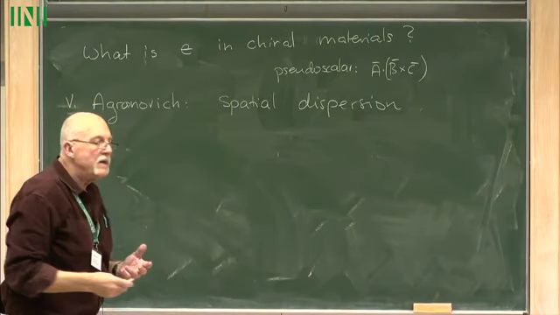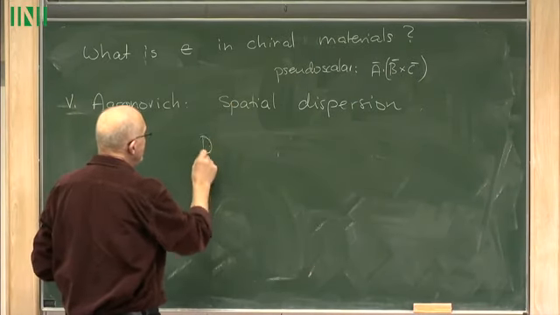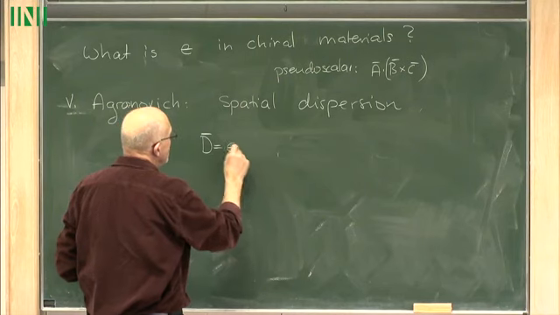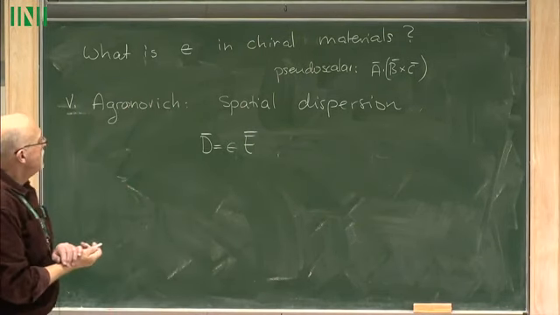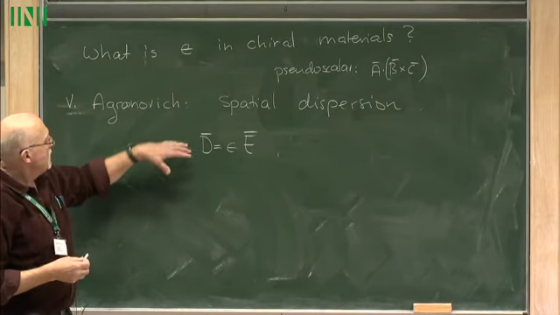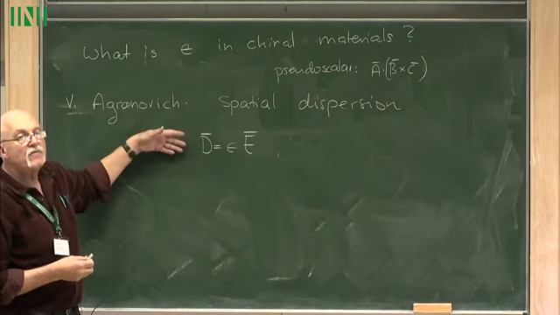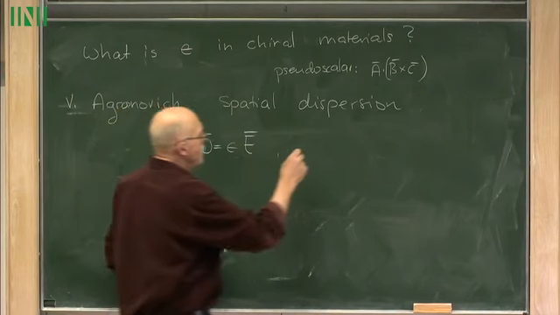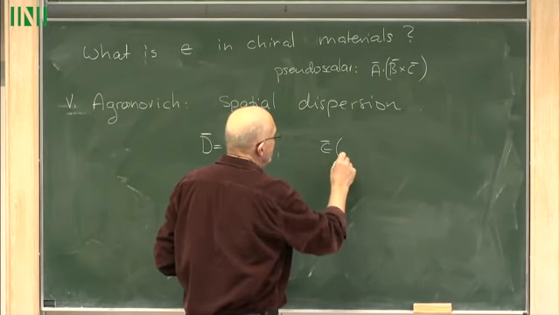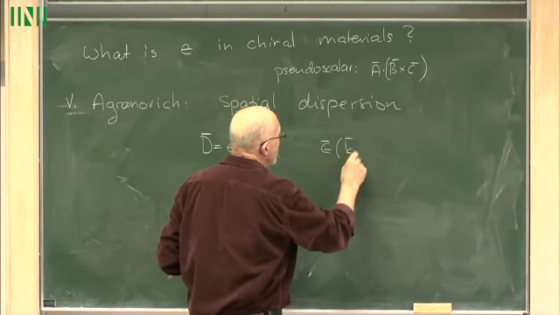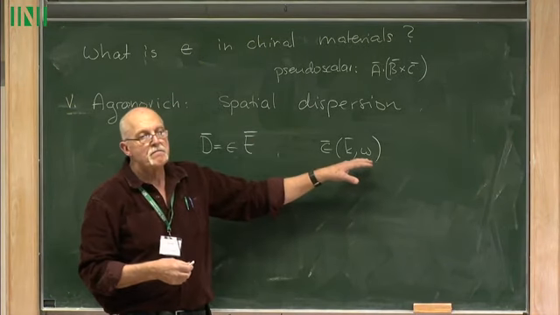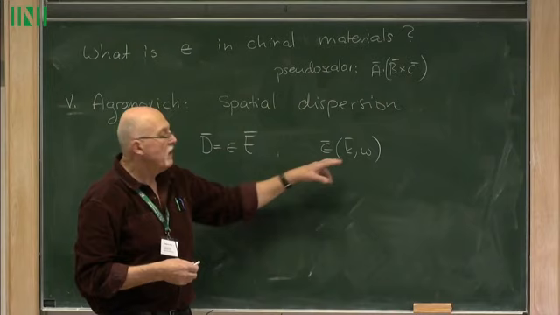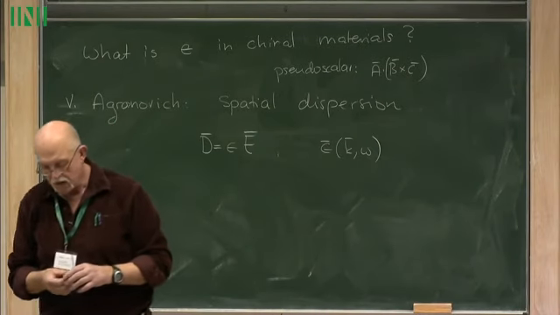And so the idea is that if we say that D equals epsilon E, and we know that this has to be in Fourier space, so epsilon must be a function of k and omega. Now, everyone is sort of familiar with the omega aspect, but not so much with the k aspect.